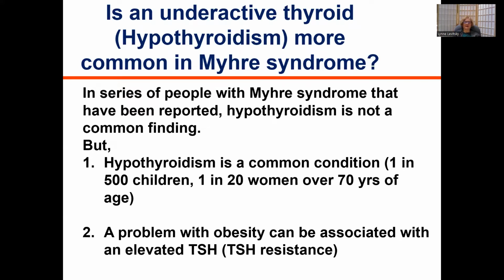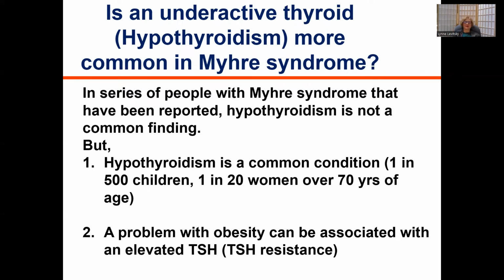But when you think about it, hypothyroidism is a common condition. 1 in 500 children and about 1 in 20 women over the age of 70 are hypothyroid. So it is possible to have Myhre syndrome, which is very rare, and also be hypothyroid, which is not so rare. In addition, if you have a problem with obesity, with extra adipose tissue, you can also have an elevated TSH.